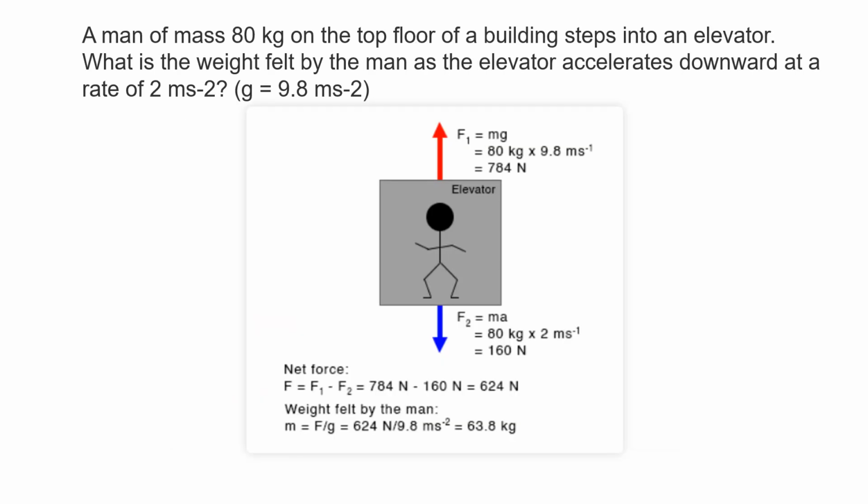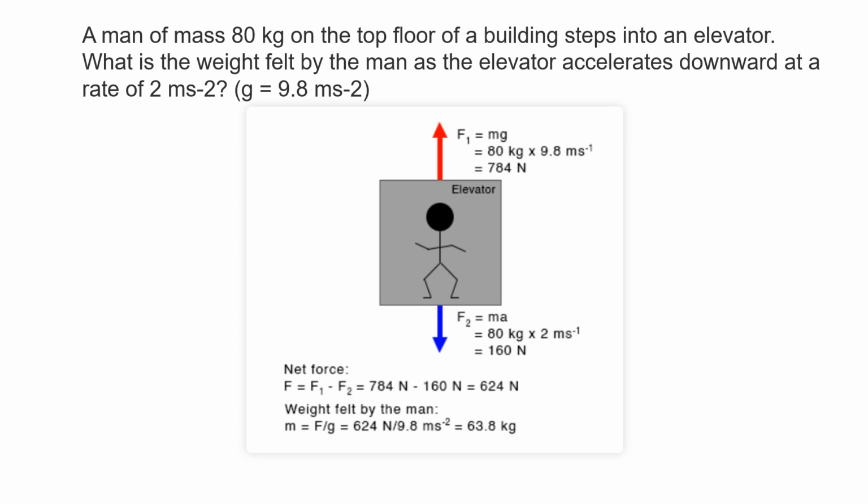Our next example is a man of mass 80 kilograms on the top floor of a building steps into an elevator. What is the weight felt by the man as the elevator accelerates downward at a rate of 2 meters per second squared, where our gravitational constant is 9.8 meters per second squared?